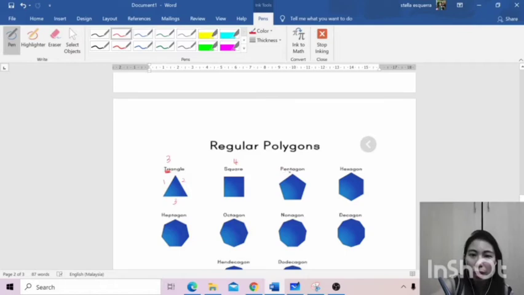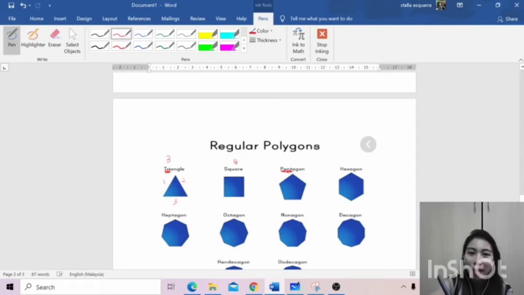Pentagon. Starting from pentagon, you will have the gon ending, penta. You have the word gon, or should I say the spelling, there at the end. Gon means polygon.